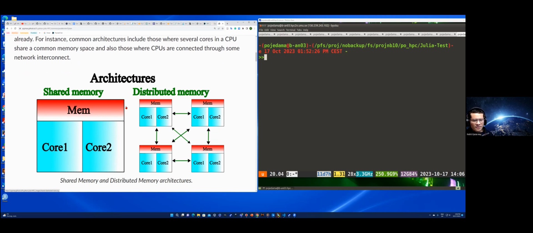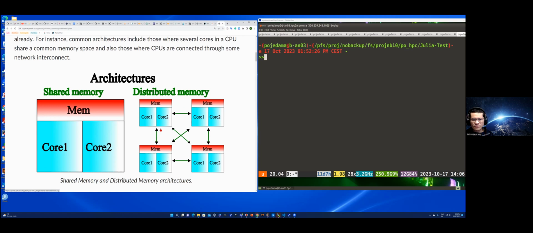The second type of architecture is called distributed memory. In this case, we have different CPUs that are connected through some interconnect. Notice here that even though some cores can share some memory, in general, not all the cores share the same memory.